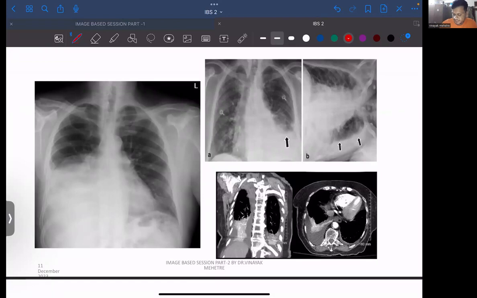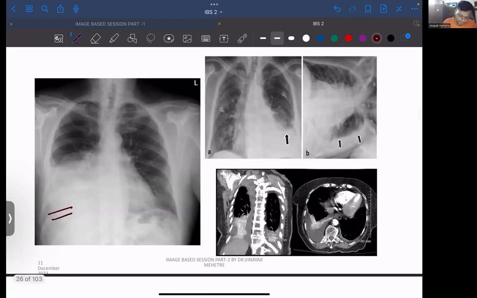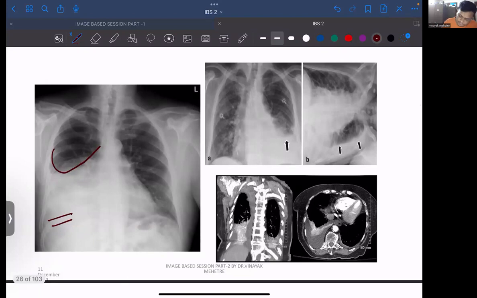Examiner's favorite images are there. What has happened? In a normal X-ray, we see the CP angle. Are we able to see the CP angle? No. It is called obliteration of the costophrenic angle, right? And the classical image which comes is Ellis curve.